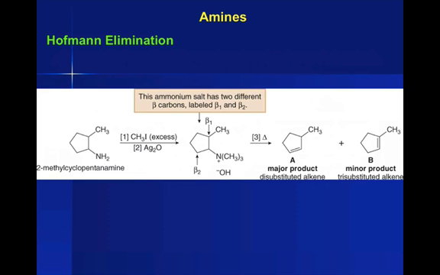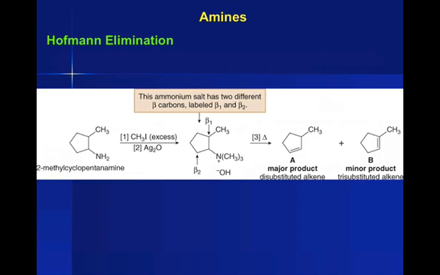Now, the hydroxide could attack at this beta carbon and give me the more substituted alkene, which is the more stable, plus trimethylamine leaves as the leaving group, and water, of course. Or hydroxide could come in here and do the same thing, which we'll call pathway 2. And you get the trimethylamine and the water leaving.